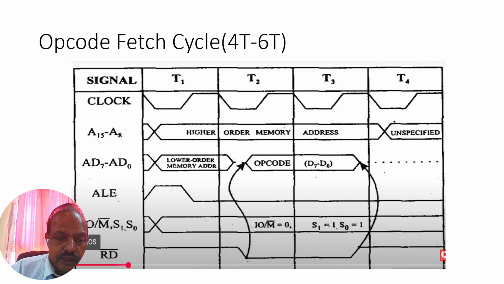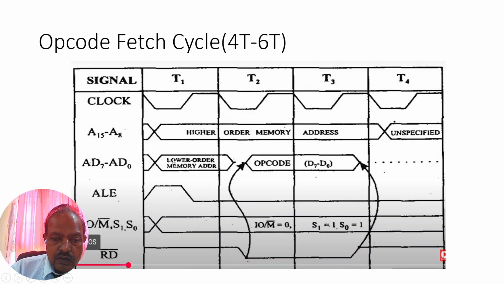So this will be there from this address. It is A8 to A15, and this A8 to A15, how many states does it take? It takes three states: 1, 2, 3. Then AD7 to AD0 is the data D0 to D7, the data bus.